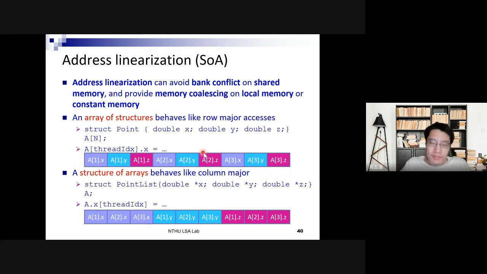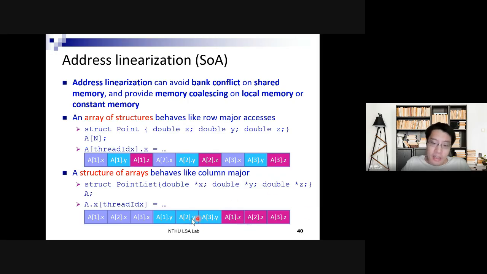So if you try to read this data one dimension at a time, then what you want is this memory layout, where you put X together, and then put Y together, and then put Z together.